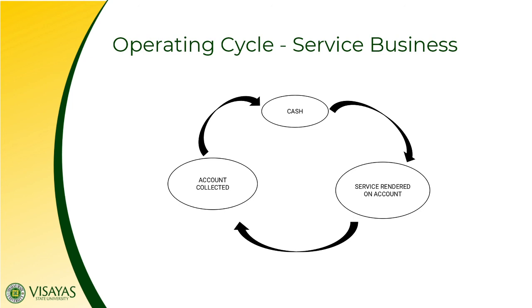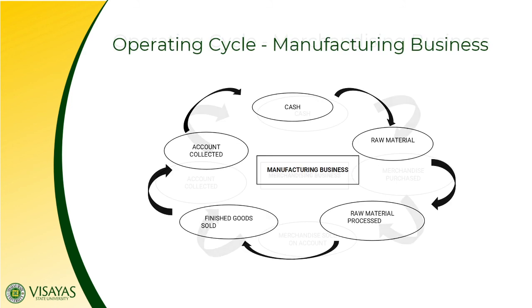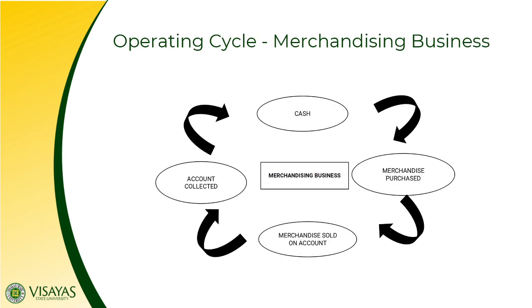So there is the service business, the merchandising business, and the manufacturing business. For service business, it goes from cash and service rendered on account to account collected and then back to cash. For merchandising business, from cash, merchandise purchase to merchandise sold on account to account collected and back again to cash.